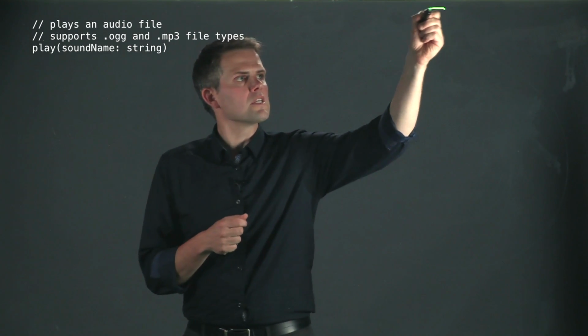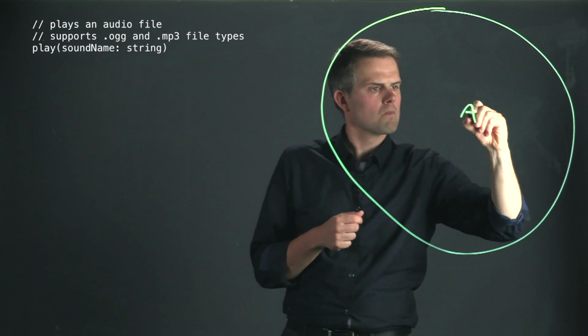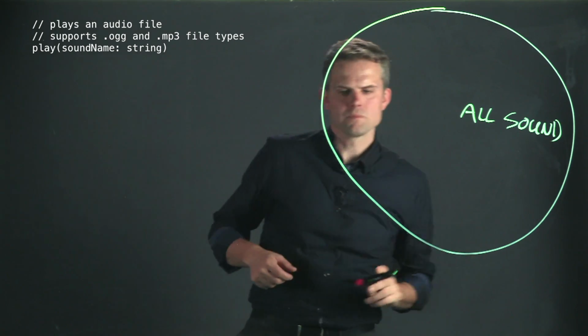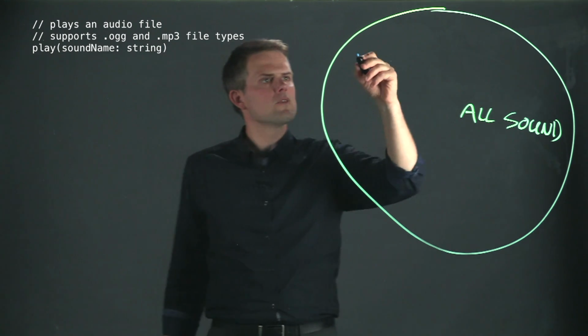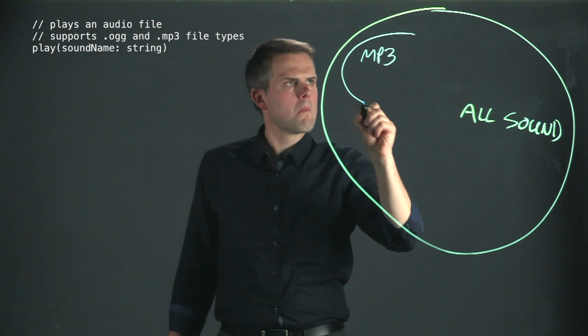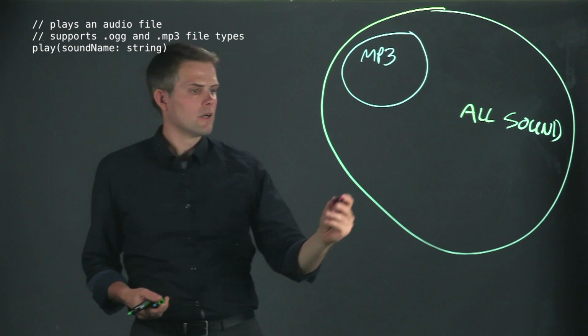So if you think about the state space here, we have all sound files that look like this. So that's all sound files. And the code can run 2 specific kinds. It can run MP3, and it can run OGG files.